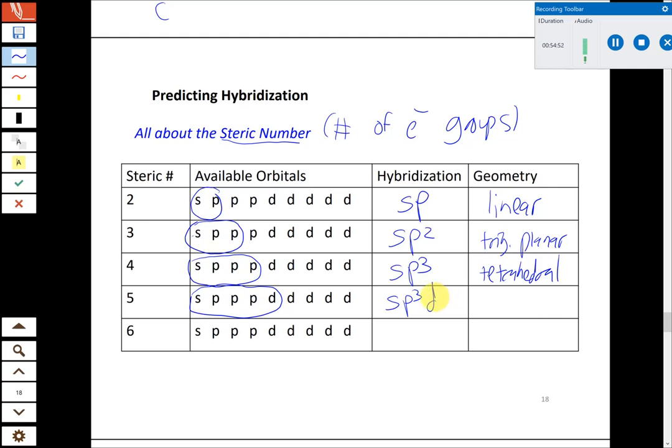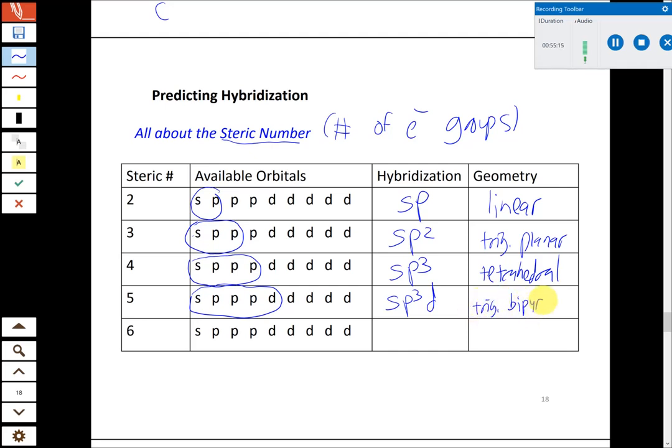If you look at the molecules that would actually have sp3d hybridization, the d orbitals are basically not involved in the bonding. But this is a model to help us understand that. There are more details that are beyond the scope of this course. But for the purpose of this course, if you have 5 electron groups, you would classify this as sp3d hybridization, and that corresponds to the trigonal bipyramidal electron group arrangement.